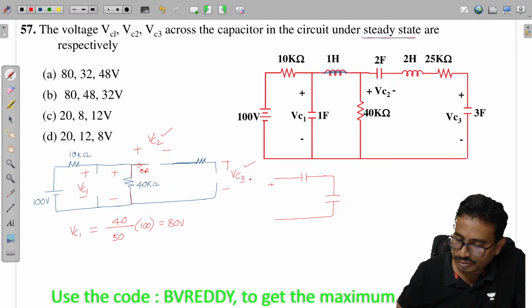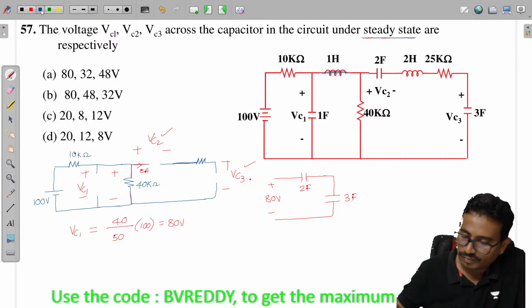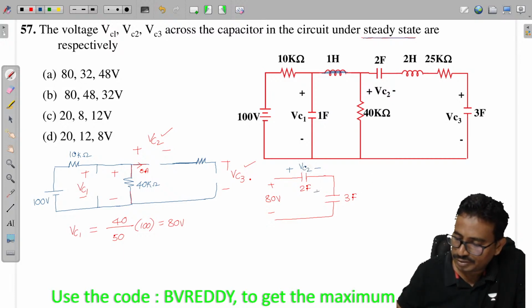We applied 80 volts across this combination of two capacitors. This capacitance is 2 farads and this is 3 farads. This is my VC2 and this is VC3.